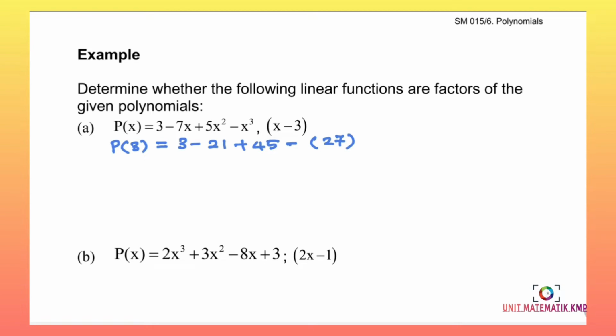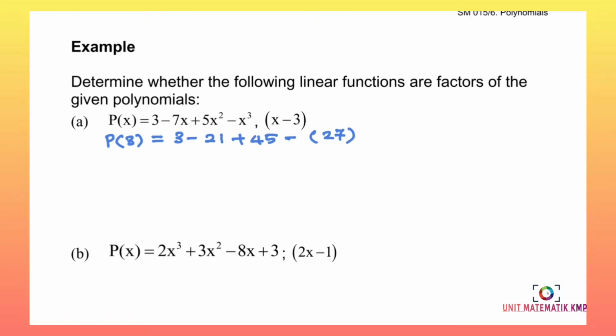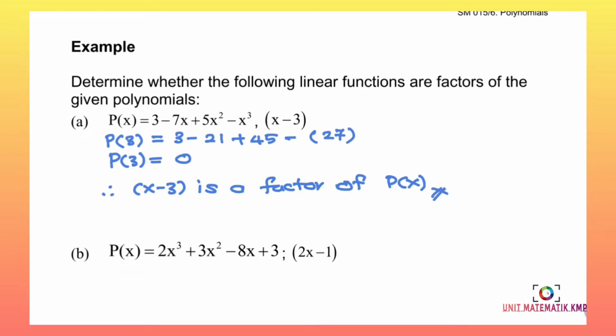What is the answer? Here the answer is equal to 0, so now we have P(3) equal to 0. If the answer is 0, therefore, x minus 3 is a factor of P(x). Make sure you write the conclusion.